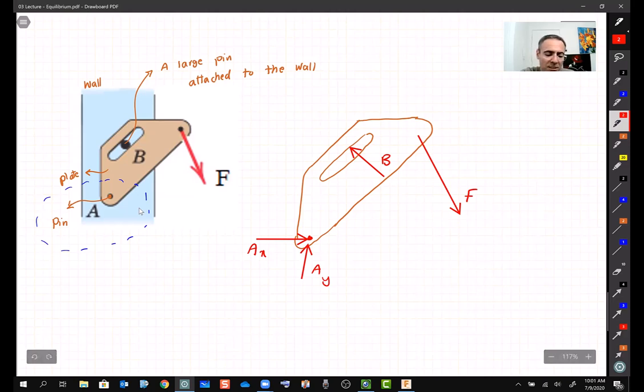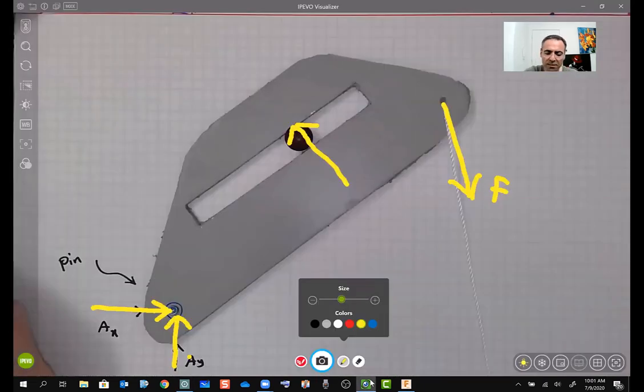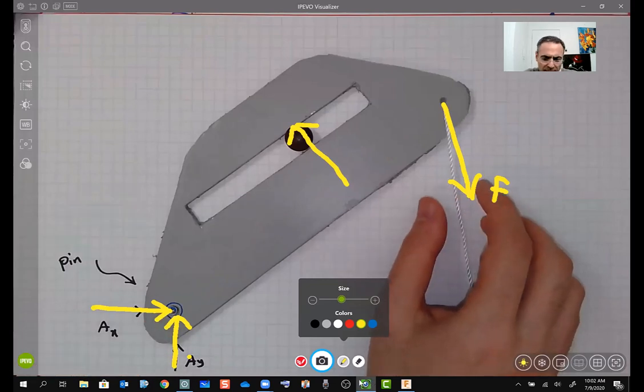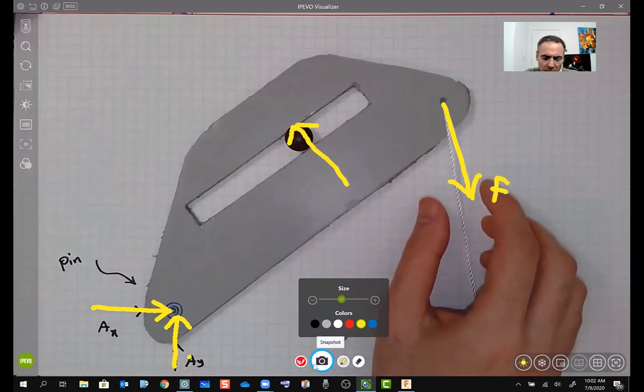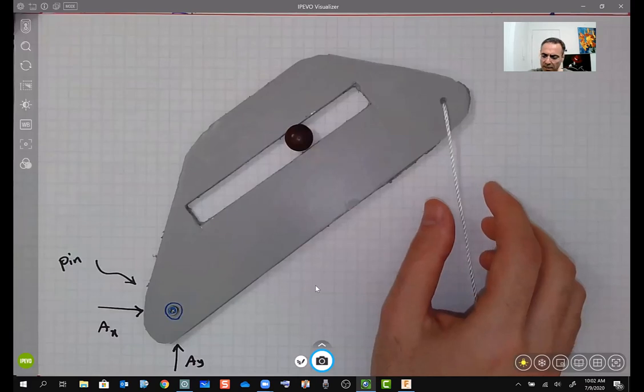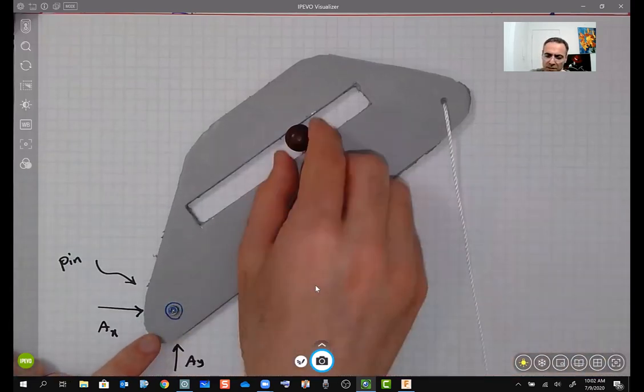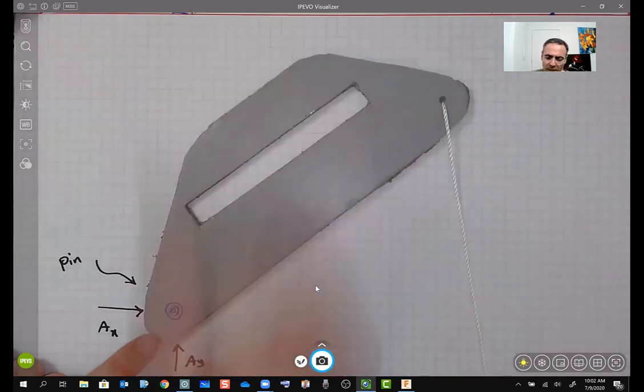Because imagine, let's move back to these things over here, right? Over here, this pin that I have, let me get rid of these forces. Okay, this pin that I have, you just look at this pin individually. Just ignore this other pin for now.